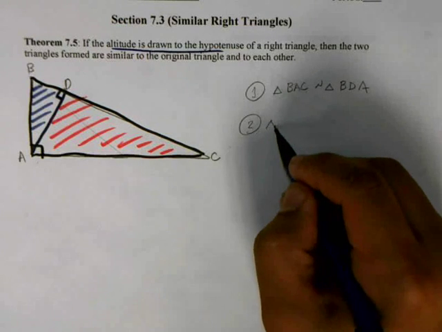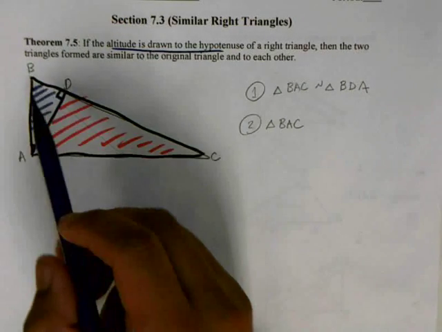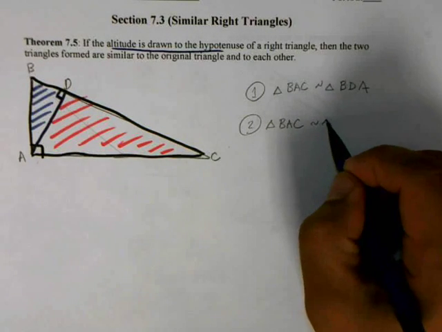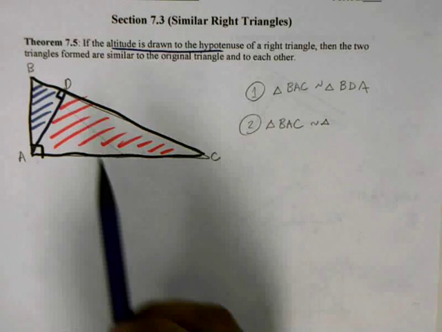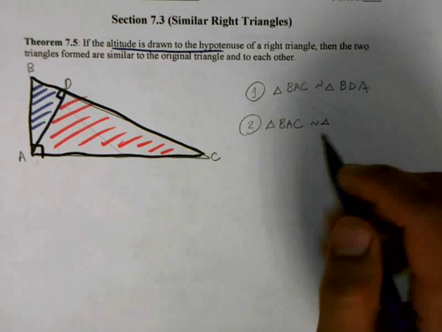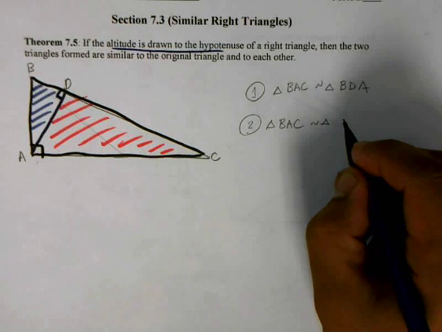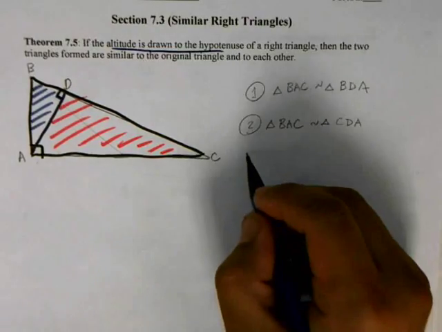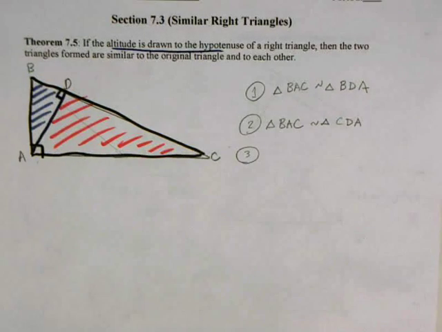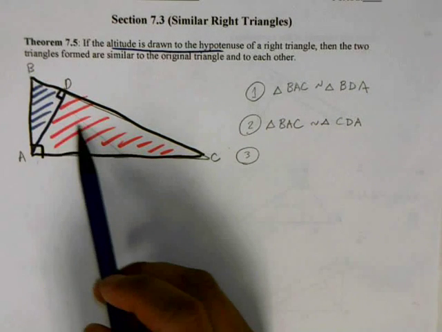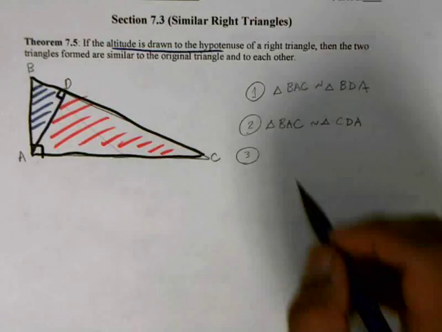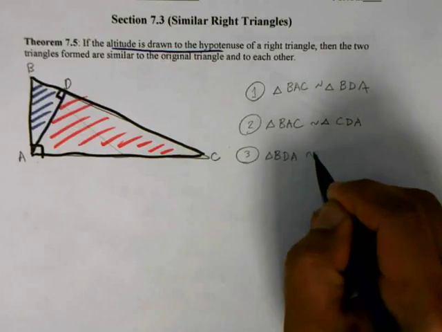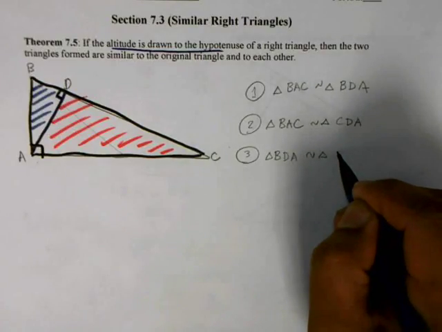Then it's also saying that the original triangle BAC is also similar to the red triangle, which in this case is CDA. And then finally it's saying that the two triangles that we created, the blue one and the red one, are also similar to each other. So triangle BDA is similar to triangle CDA.